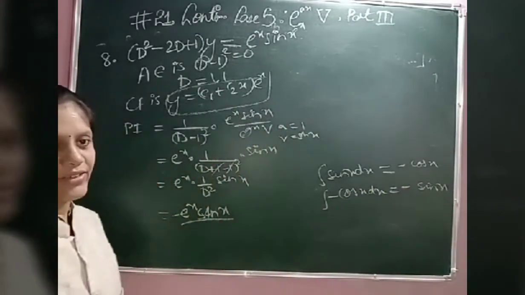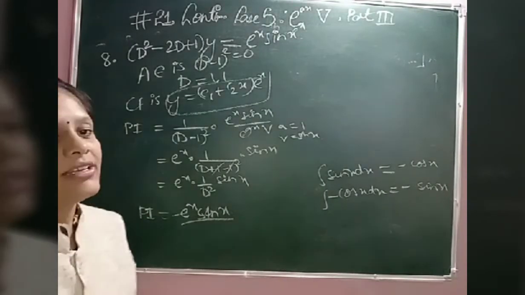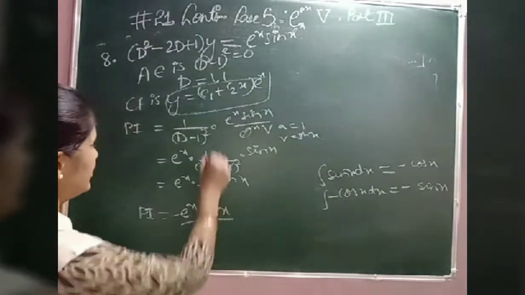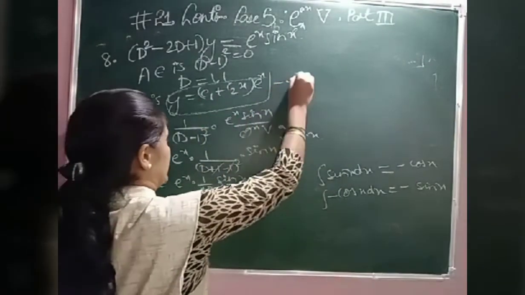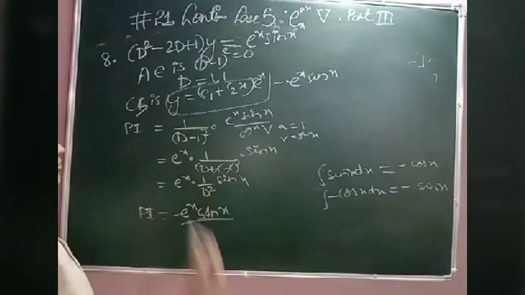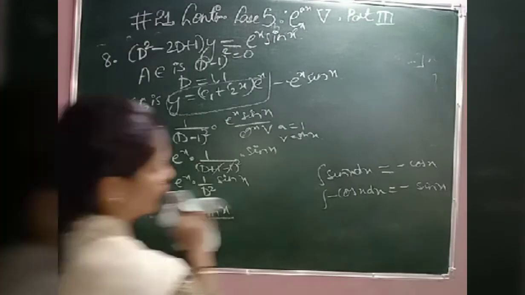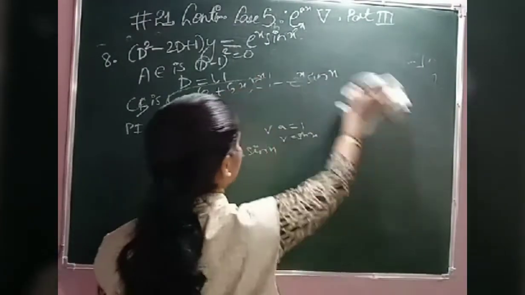So that is the reason I have written minus sin x. So this is our PI. Complete solution is CF plus PI, that is y equal to (c1 plus c2 x) e raised to x minus e raised to x sin x. Now let us solve one more different example.